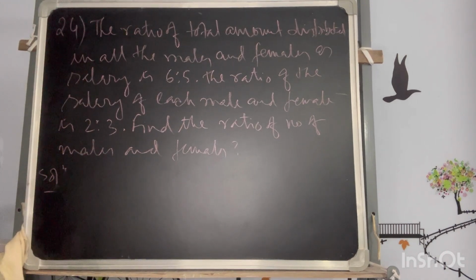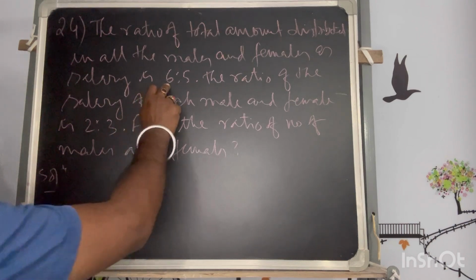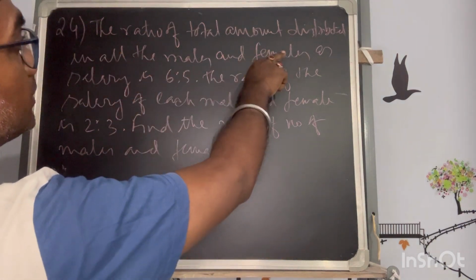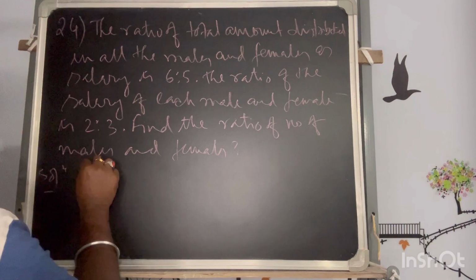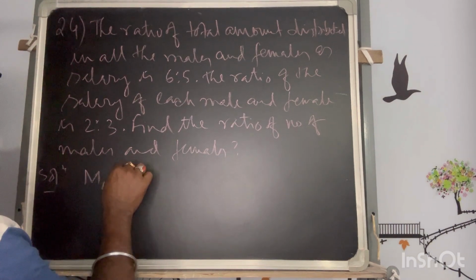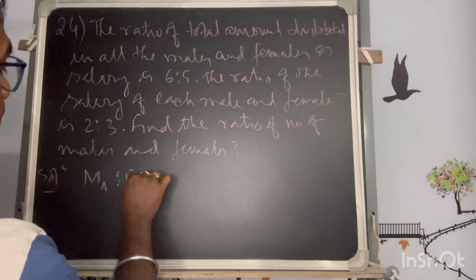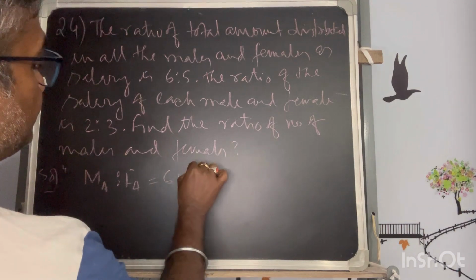So the ratio of total amount distributed in all males and females is in the ratio of this. Okay, this is the ratio of amount distributed. So male amount is to female amount in the ratio of 6:5.